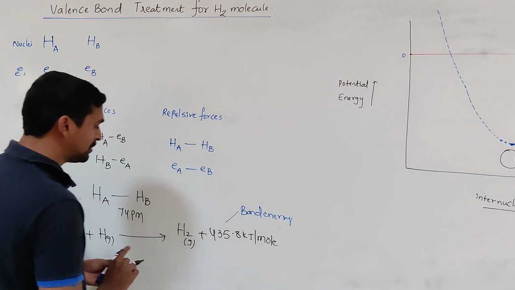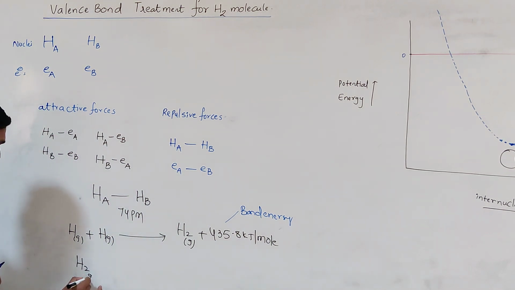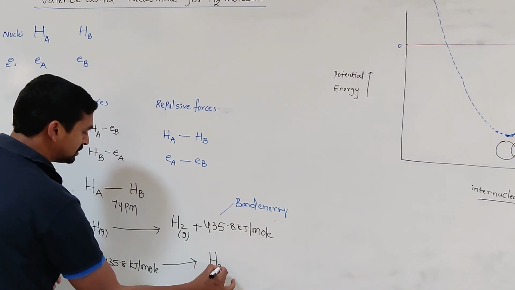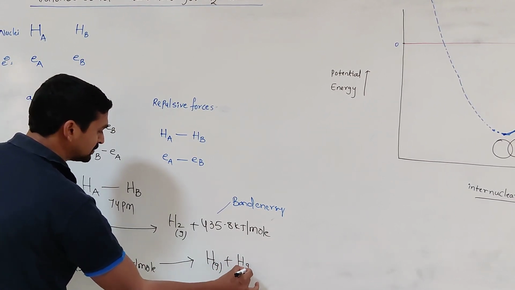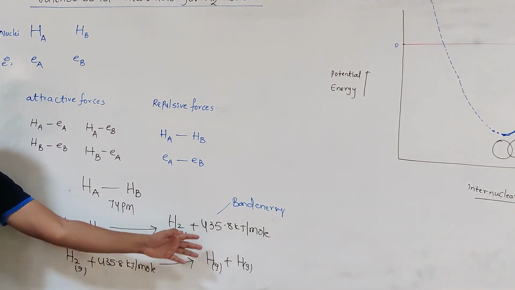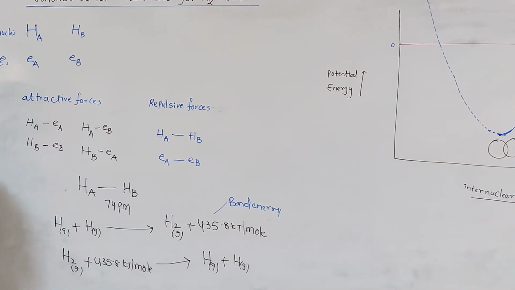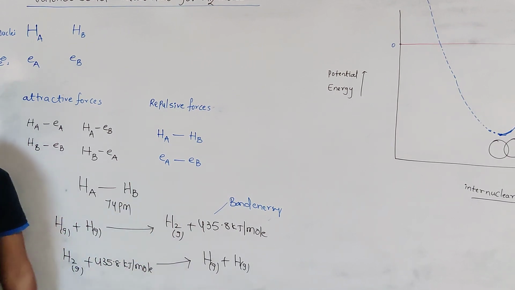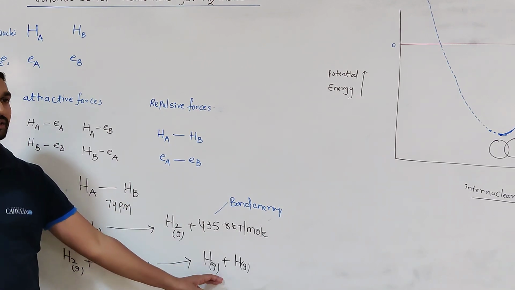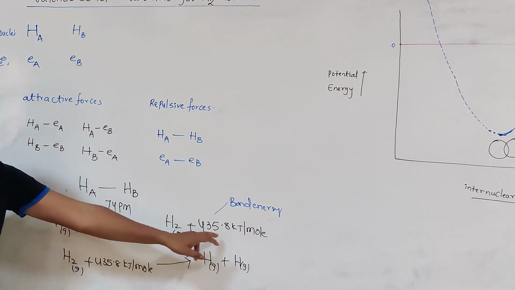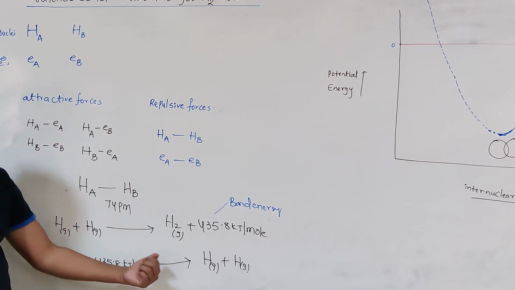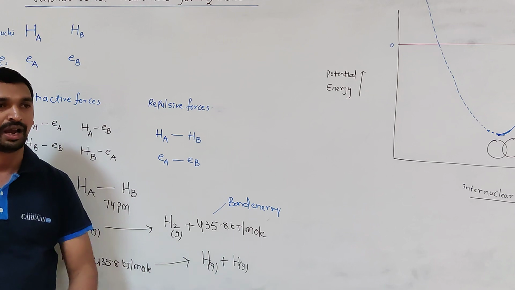When you supply the same amount of energy, 435.8 kilojoules per mole, to the hydrogen molecule, it is immediately broken into individual hydrogen atoms. Once you supply energy, the energy of the system increases and the stability decreases, so the repulsive forces dominate. The atoms try to move away from each other and form individual atoms. So when 435.8 kilojoules per mole of energy is supplied, the hydrogen molecule dissociates into individual hydrogen atoms.